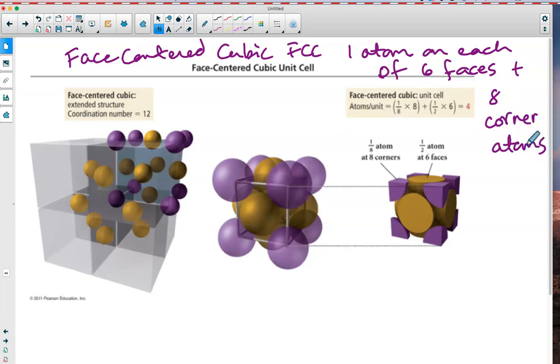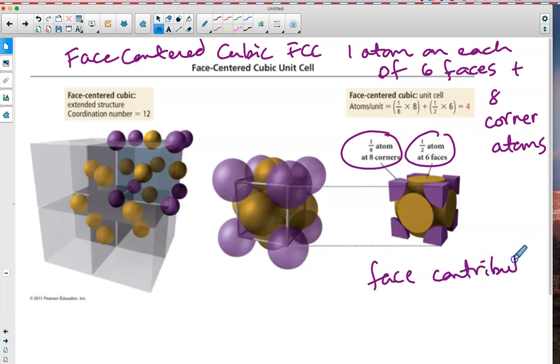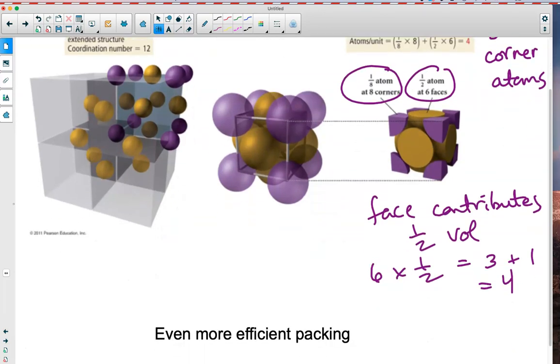So now those 8 corner atoms give us 1 atom, but then a face contributes a half to the unit cell. So we have 6 faces times a half for a net of 3 atoms, plus the corner atoms gives us 4 net atoms for a face-centered cubic unit cell. And this is even more efficient packing. It's up to 74%, I believe.